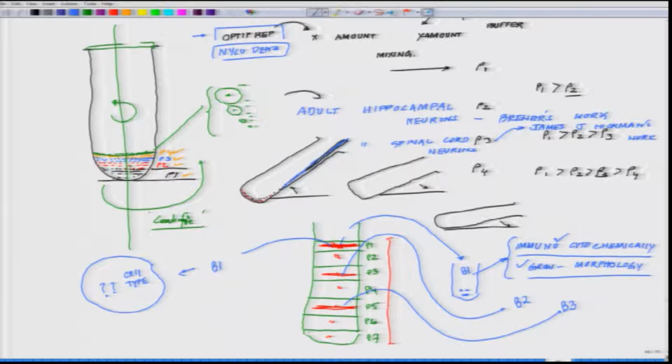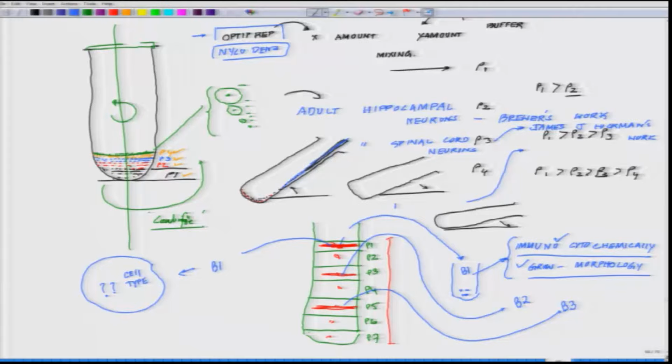Earlier to that, there was a very nice paper, very early, back in 1982 or 83, where people separated out embryonic motor neurons. I haven't talked about that. I'll talk about it very soon in the next class: embryonic motor neuron separation.